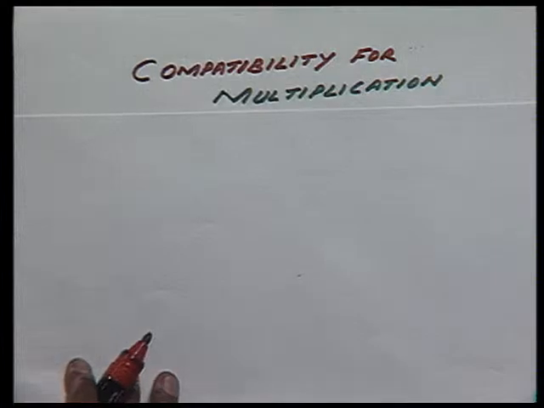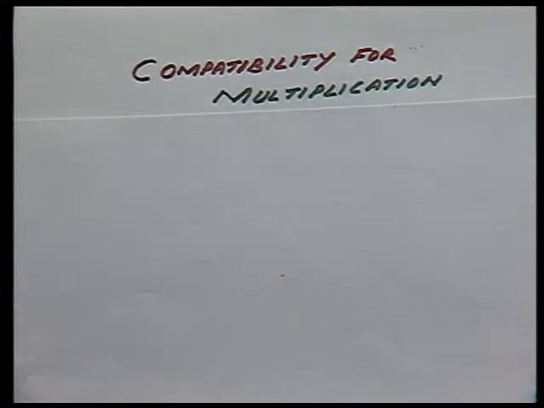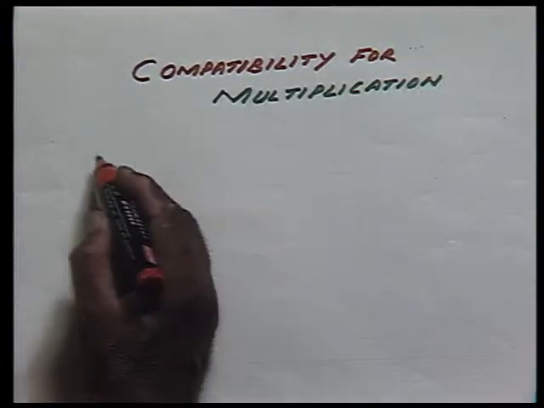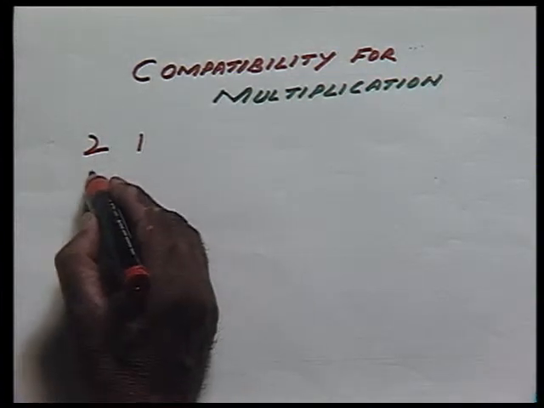Now, that means we are on to the situation where we have got to talk about the compatibility for multiplication of two matrices. We have indeed intuitively talked about this. Now, let us talk about this in detail. This is one matrix I am writing.